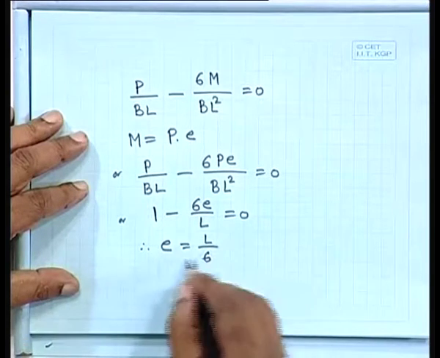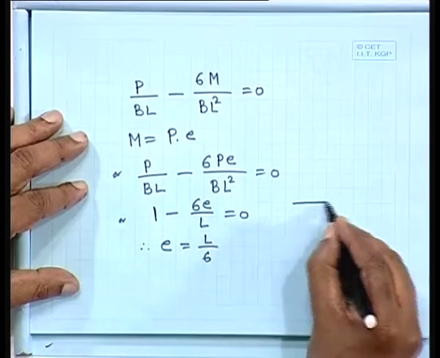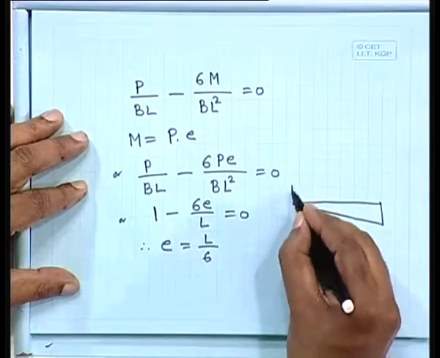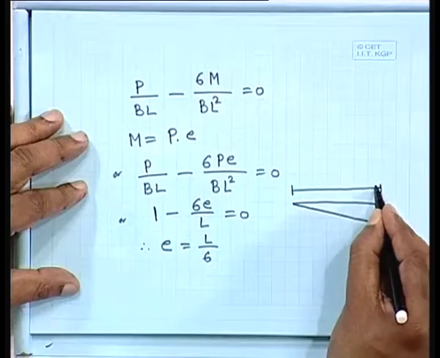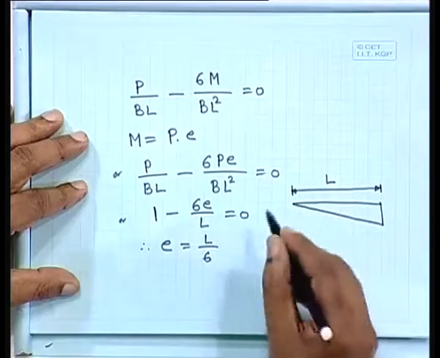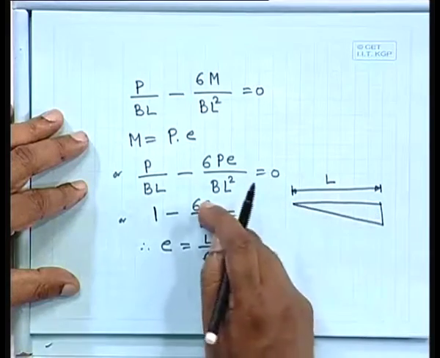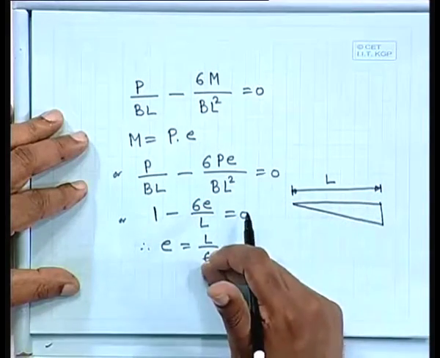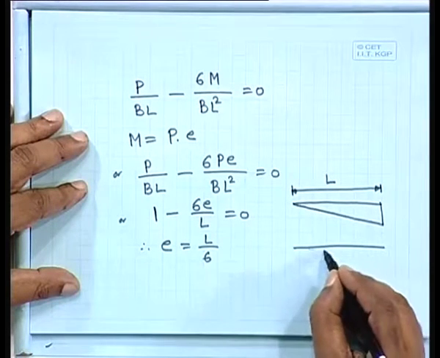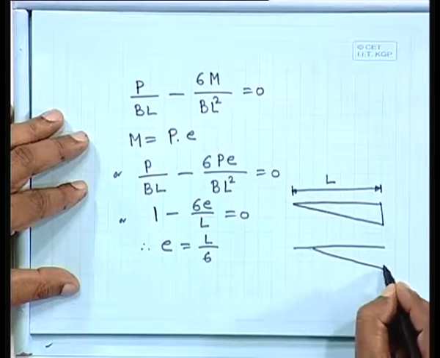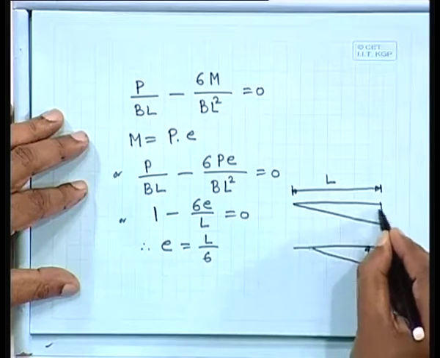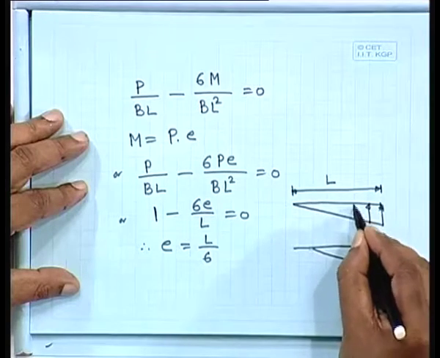That means if we get E equal to L by 6, in that case what will happen? You will get stress only on one side. This is the length L of the footing, so at one end we shall get 0. Now if E exceeds that L by 6 value, then we may get a certain length, that means a certain portion not in contact with the soil.